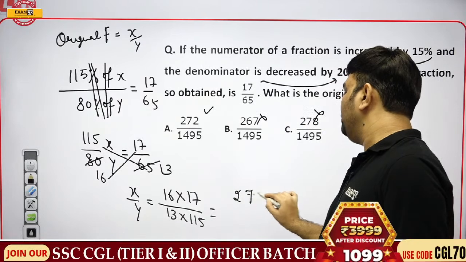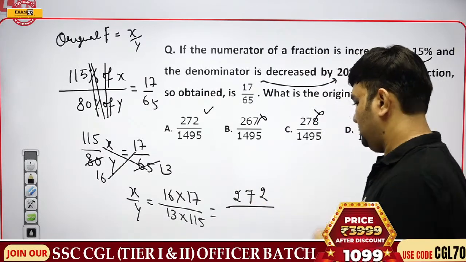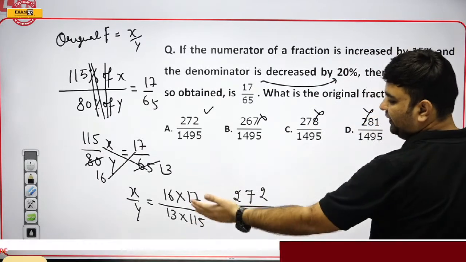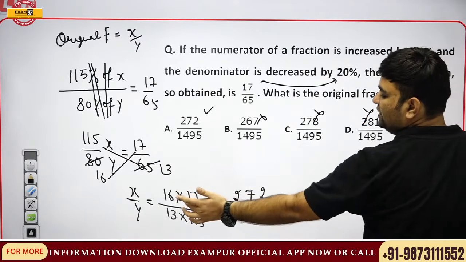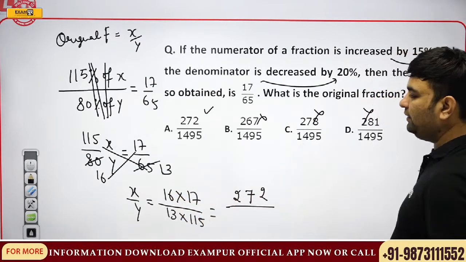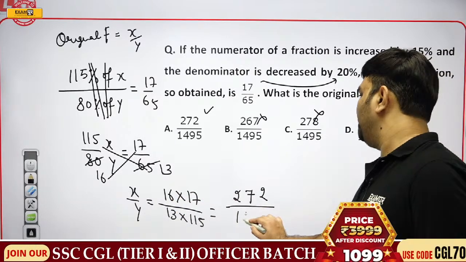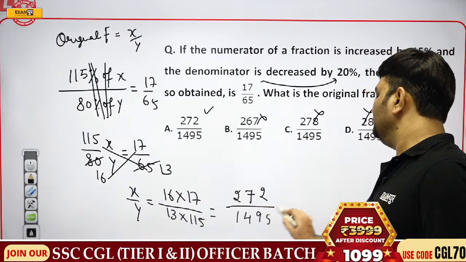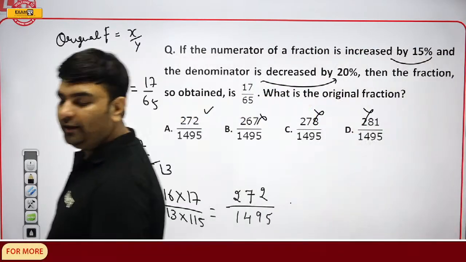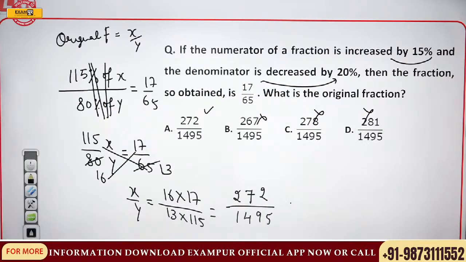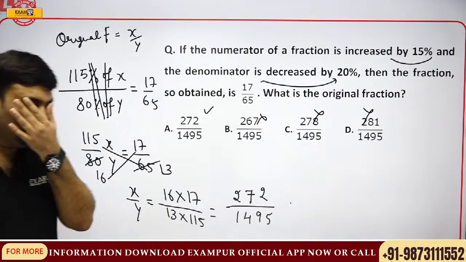They will not simplify further. Even we can see the unit digit as well: 2 in the numerator and 5 in the denominator. Perfect. Yeah.